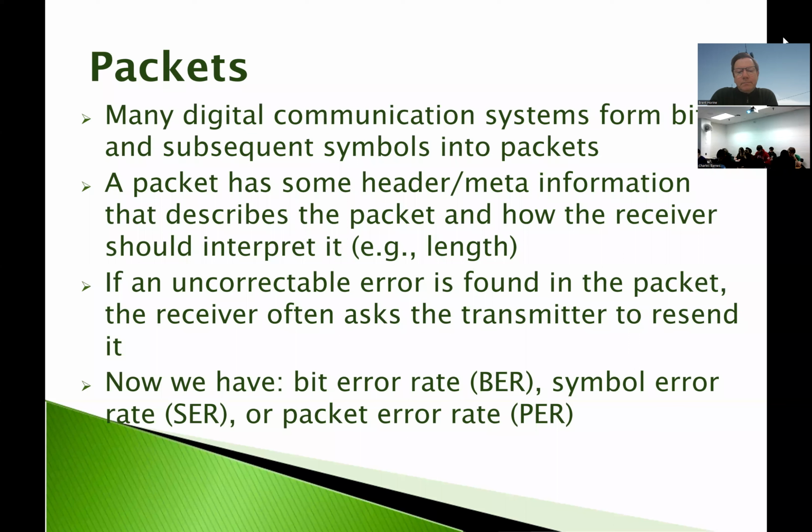So if an uncorrectable error is found in the packet, using some of the techniques we'll talk about here, then the receiver, if it needs to reliably receive all this information, it'll ask the transmitter to resend it.